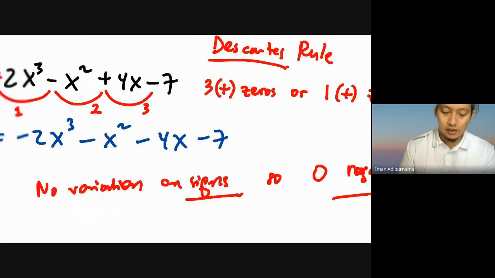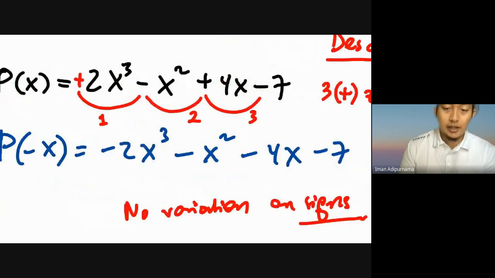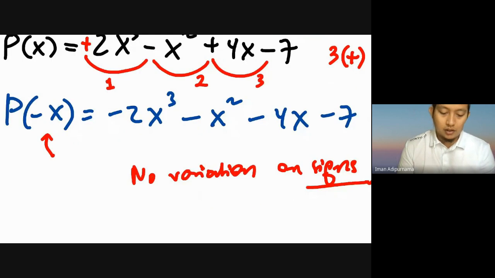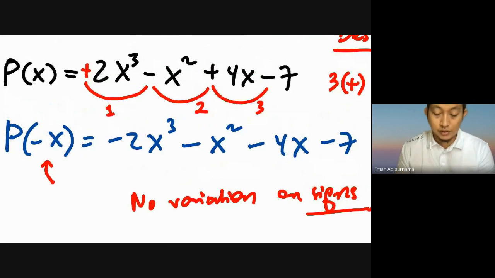Now the question is how many negative zeros. We can check negative zeros by putting negative x inside the polynomial. Then the signs become negative, negative, negative, and negative, so there are no changes.